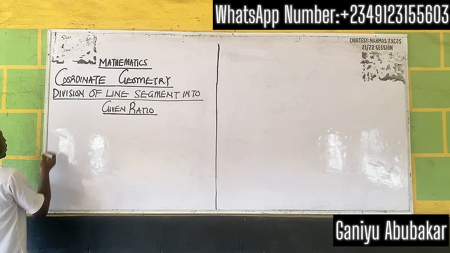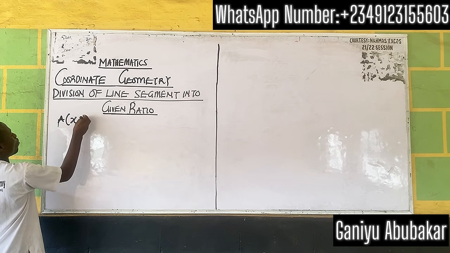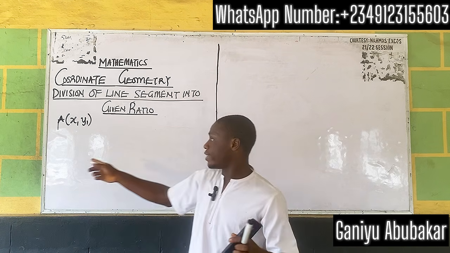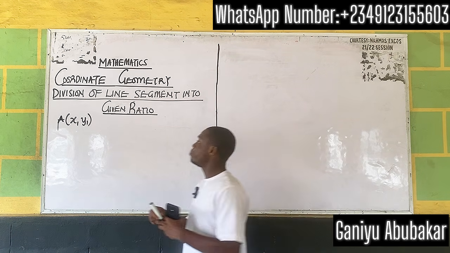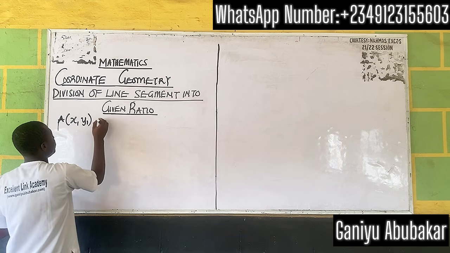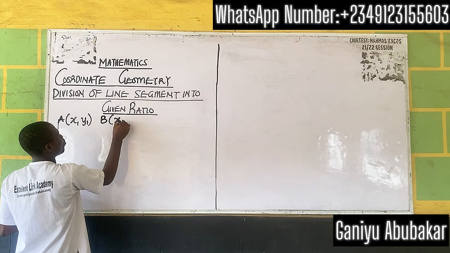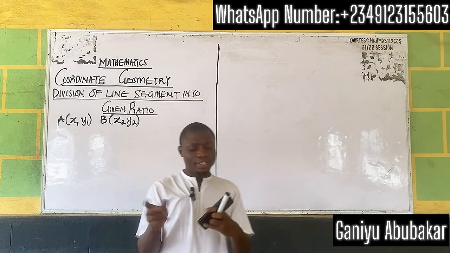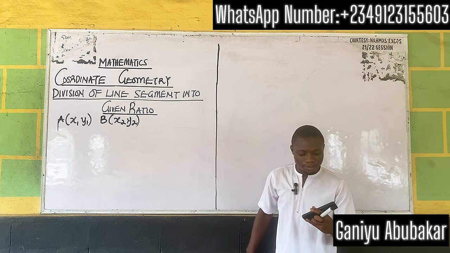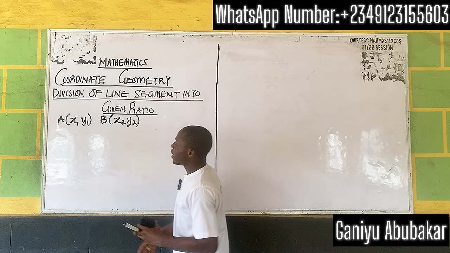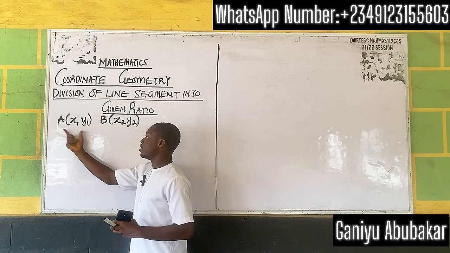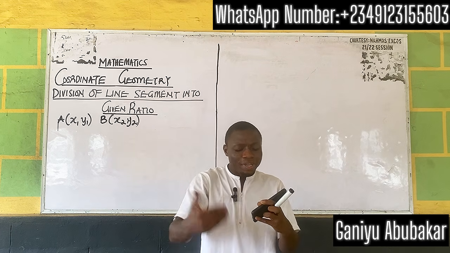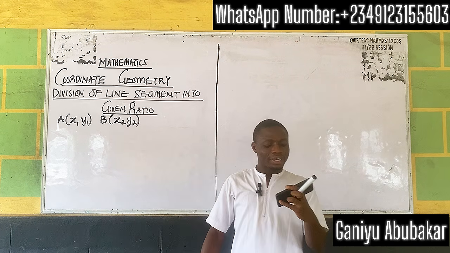Let point A, this one here, be (x1, y1), and point B be (x2, y2), be the two given points.